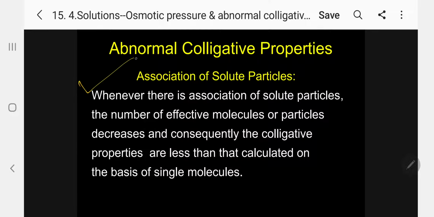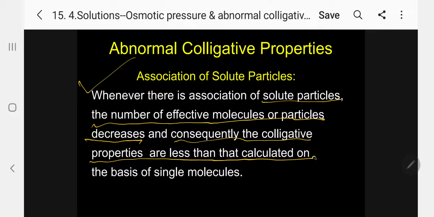Whenever there is association of solute particles, the number of effective molecules or particles decreases, and consequently the colligative properties are less than calculated, less than expected on the basis of single molecules.